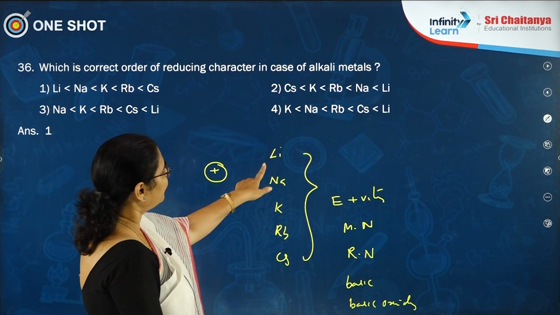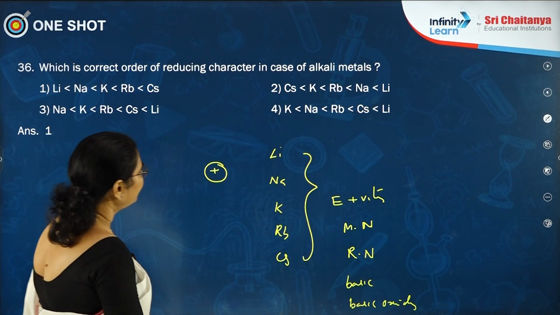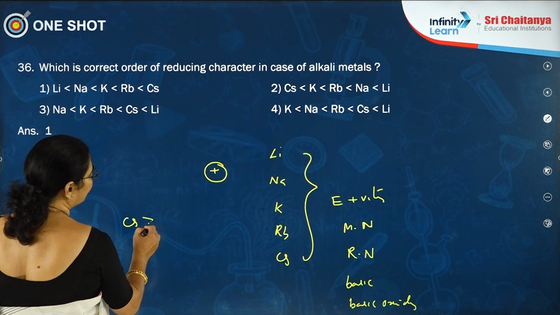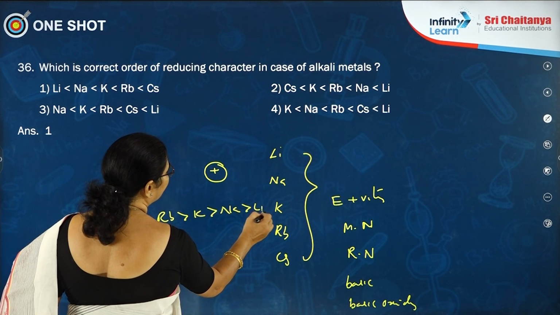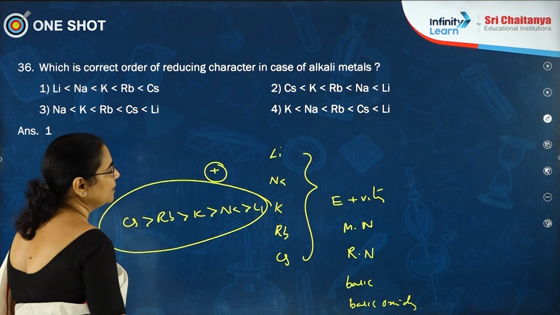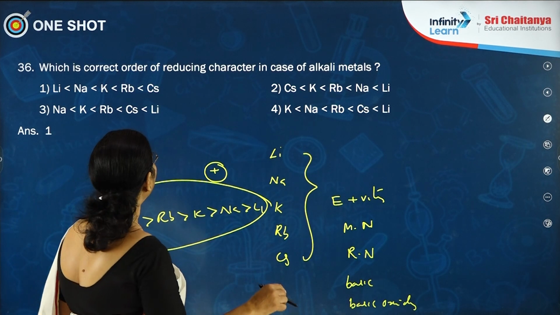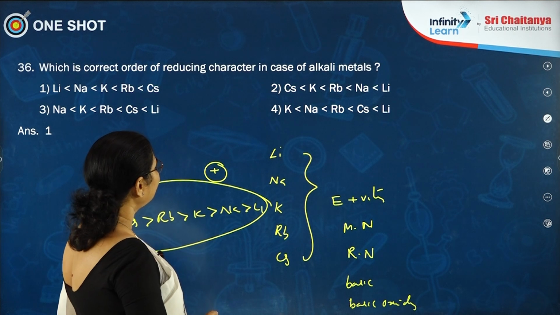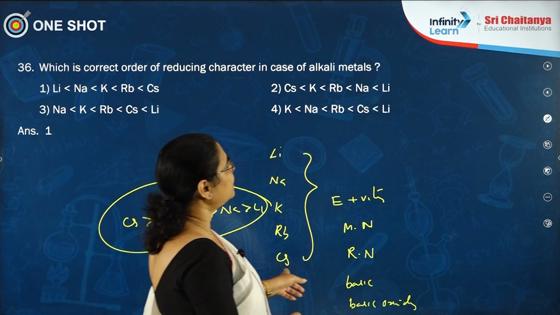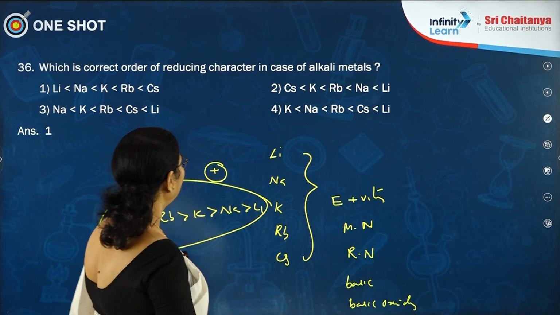If elements are given, this is the order. So the highest is for cesium. Cesium greater than rubidium, greater than potassium, sodium, lithium. This is the order to be followed for reducing nature. But if ions are given in aqueous state, listen children, very important, in aqueous state the order is not this; we decide based on electrode potentials.